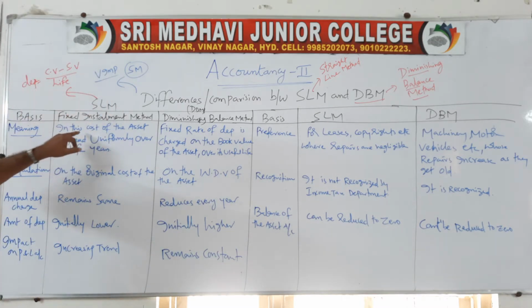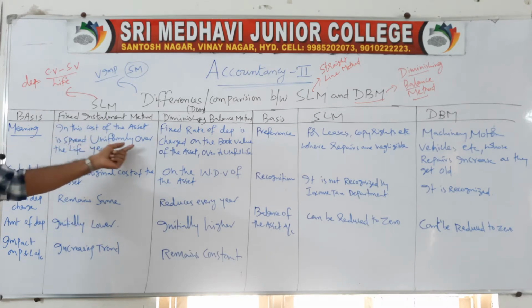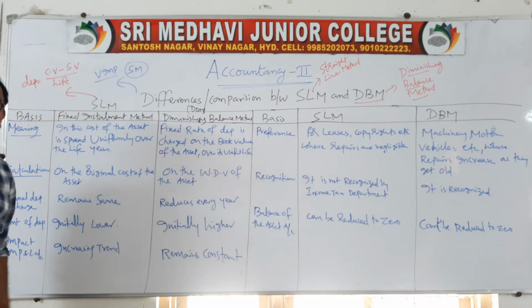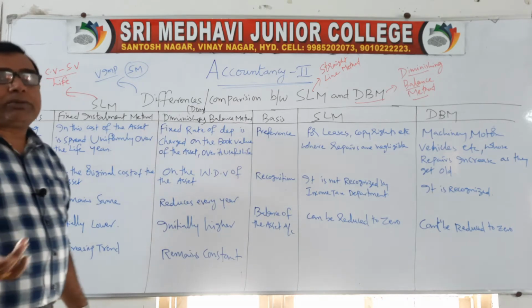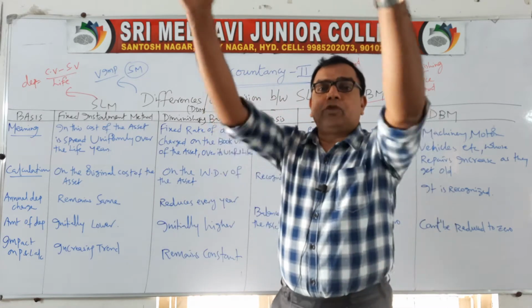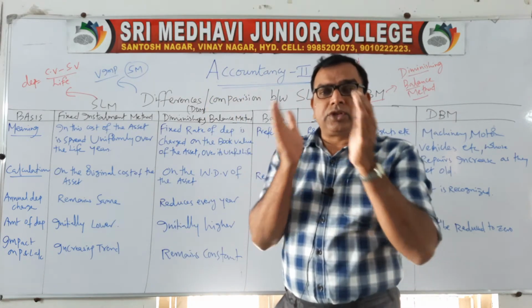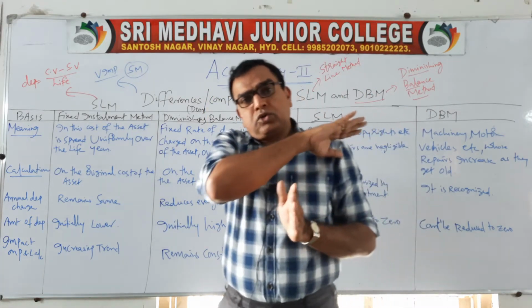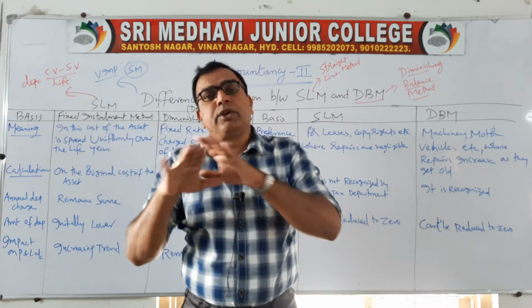If you know the formula, you can understand the first point. In this, cost of the asset is spread uniformly over the life years. Life years means estimated life of the asset. Say it is 10 years, and we have purchased an asset for 1 lakh rupees. So this 1 lakh rupees is spread throughout the 10 years in a uniform manner.